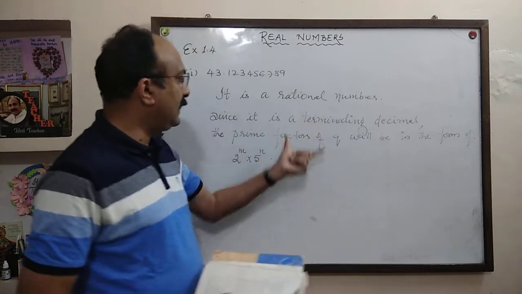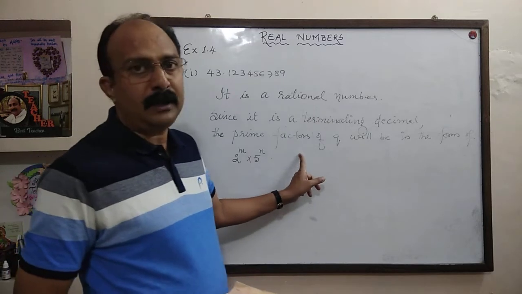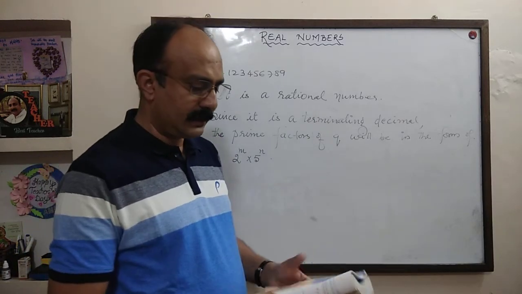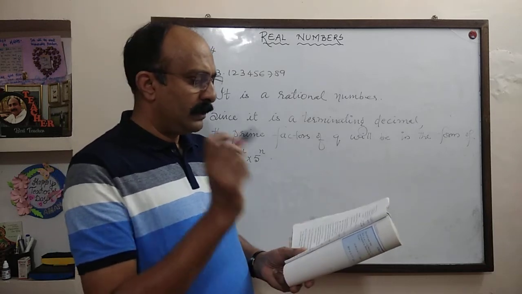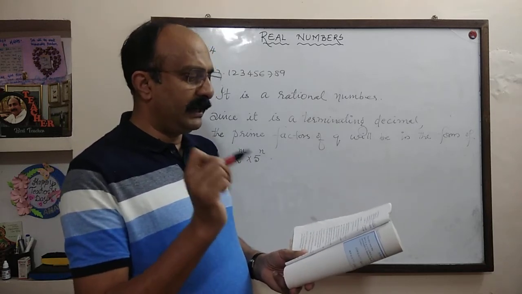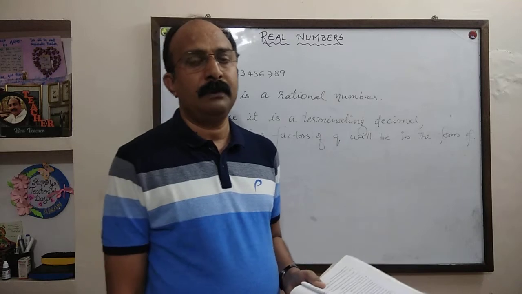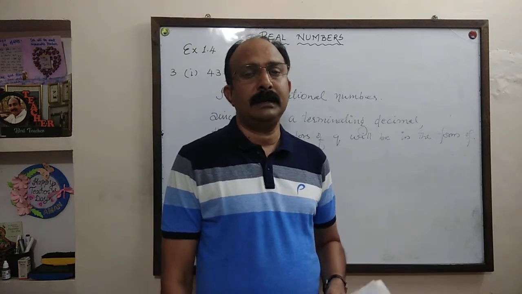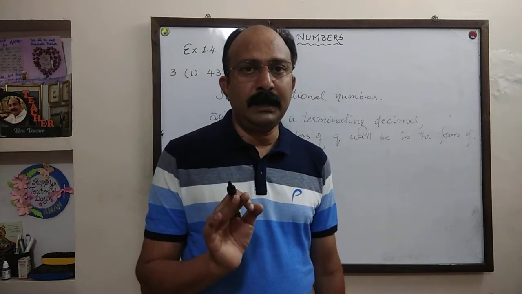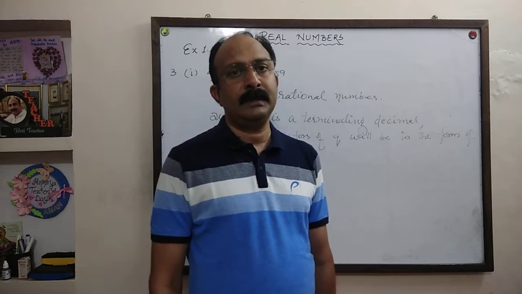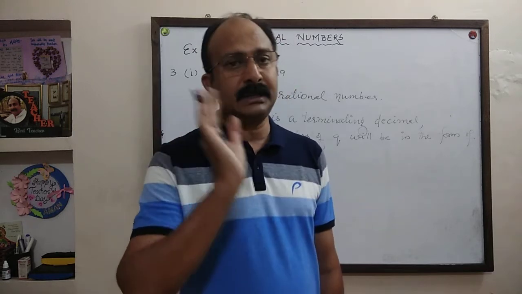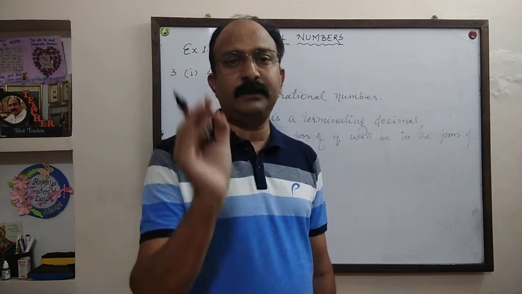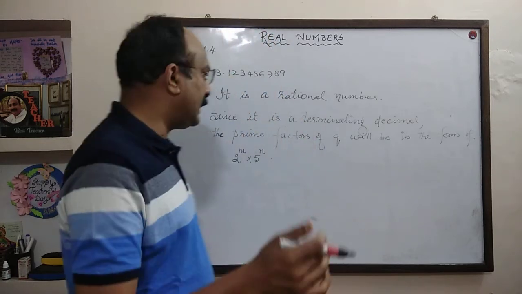So since it is irrational, this second part of the question does not exist. Third one, 43.12345678 bar. What is a bar number decimal? It is non-terminating recurring decimal. Every non-terminating recurring decimal is rational. So the first answer of the first part is yes, it is rational.